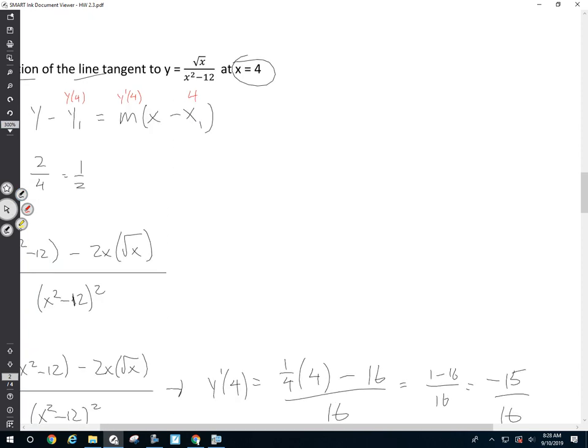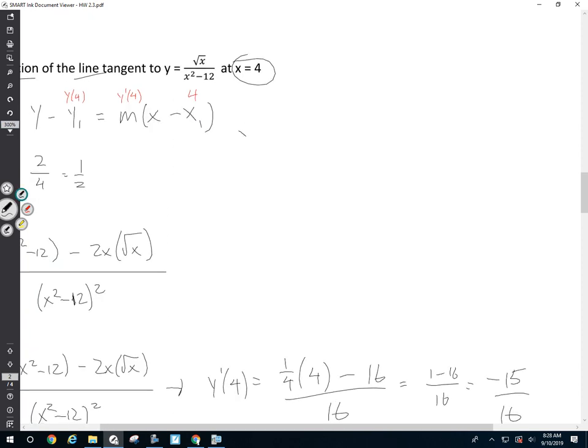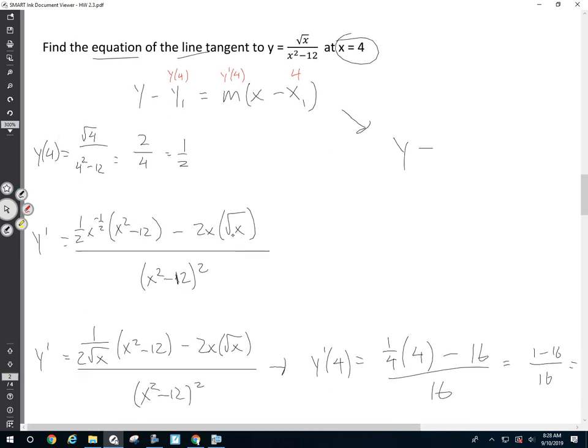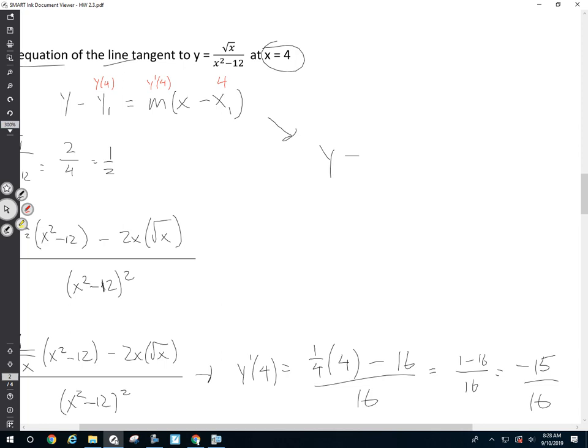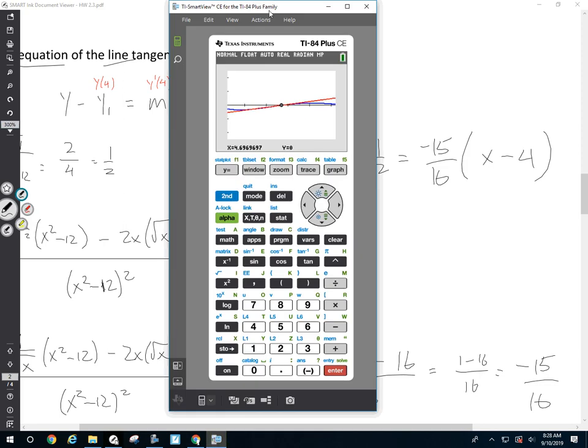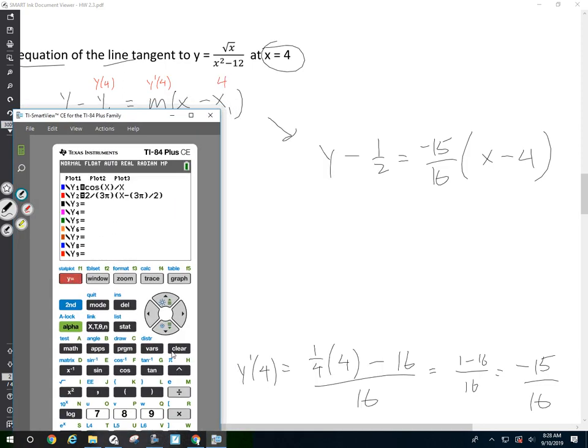Okay, so with all that being done, my equation, I think, is y minus the y of 4 value, which is 1/2, equals my slope, negative 15/16, times x minus x1. To feel good about myself, I will do the work and graph and calculate.